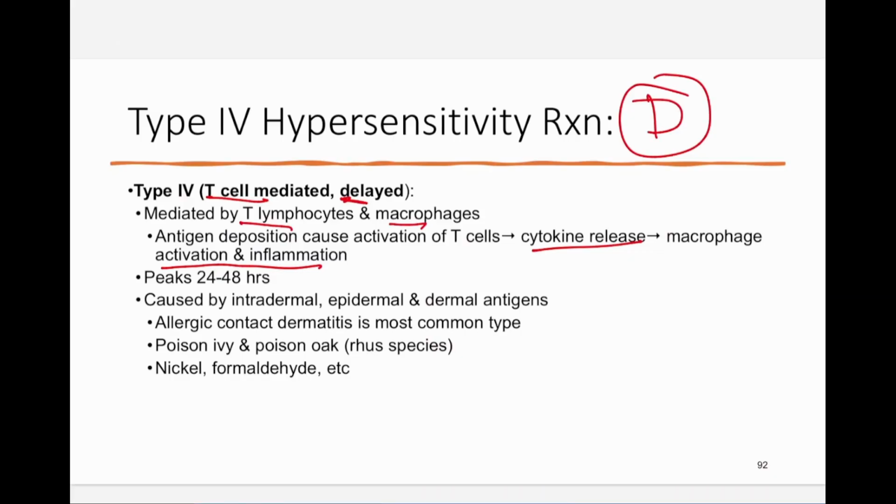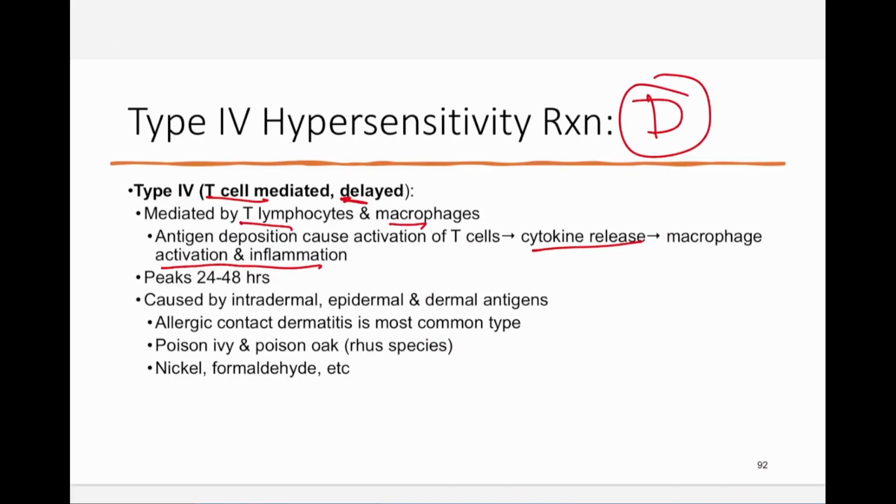We have to wait for the white blood cells to get made and form. It takes a couple of days for that to happen. So peak 24 to 48 hours. You've all had to do something for this to get into PA school. PPD test for TB. Okay, you get an injection in your skin, and when do they have to check you? How many hours afterwards? 48 hours.